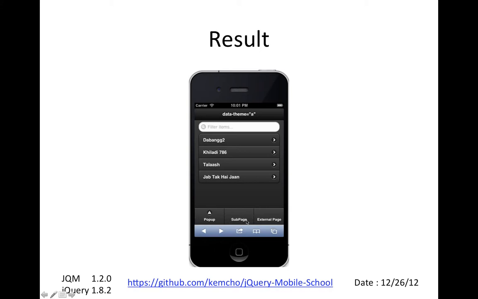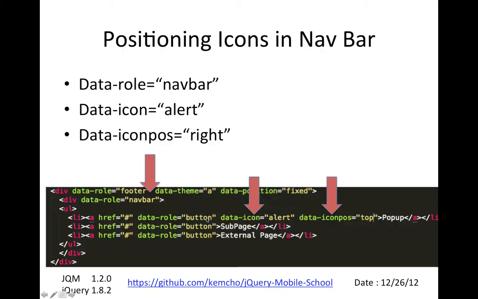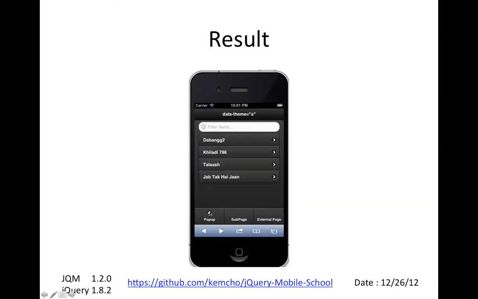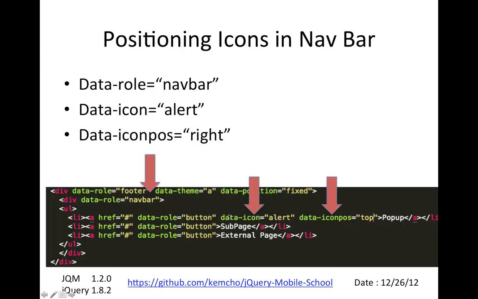It gives you a navigation bar. And then you can also specify certain icons in your list items, and you can specify where you want those icons. Like this is saying it wants the icon on the top, and it wants an alert icon, right? So that's how you specify the nav bar.